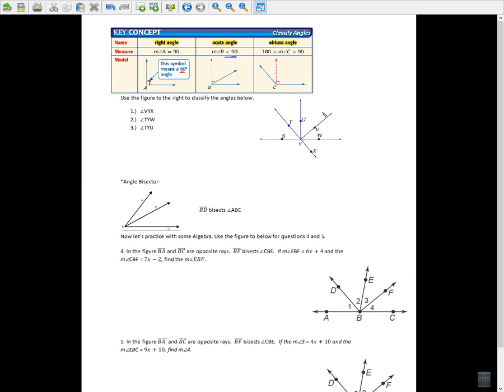Number one, we want to classify VYX. So I'm actually going to outline that. VYX. It looks to me that is where this right angle is coming in. So we are going to say that this is a right angle.